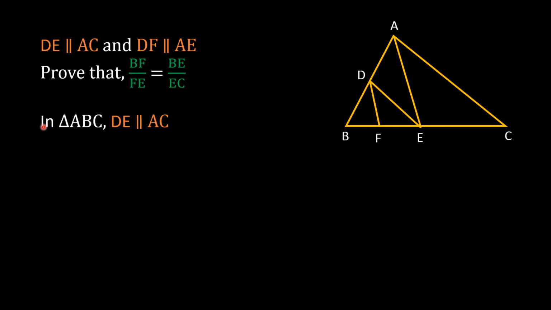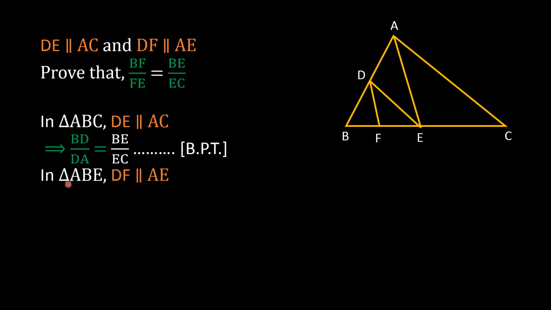Now, in triangle ABC, we have DE parallel to AC. Therefore, we can apply the basic proportionality theorem and write BD divided by DA equals BE divided by EC.